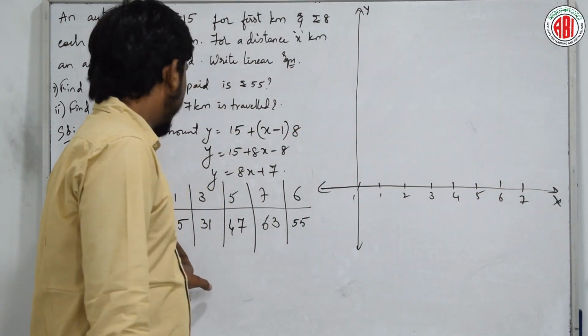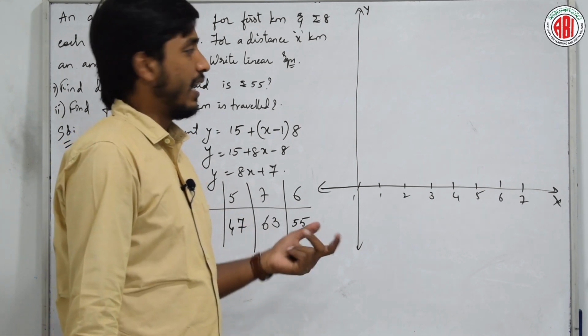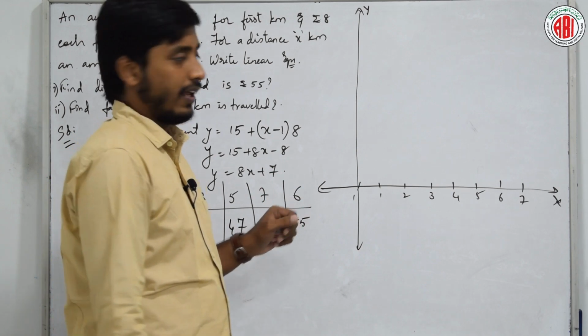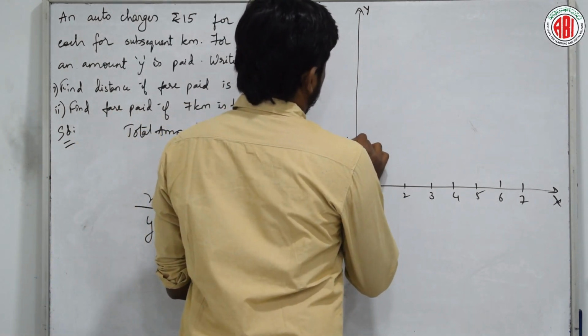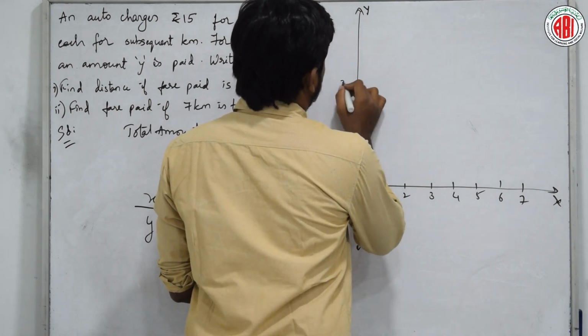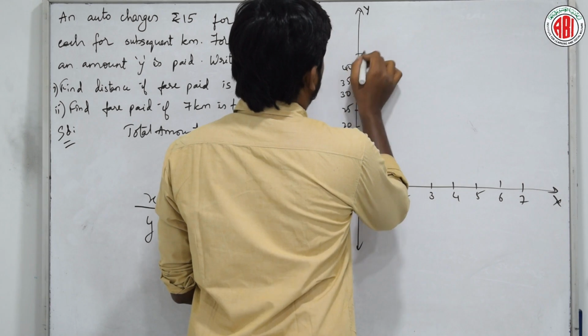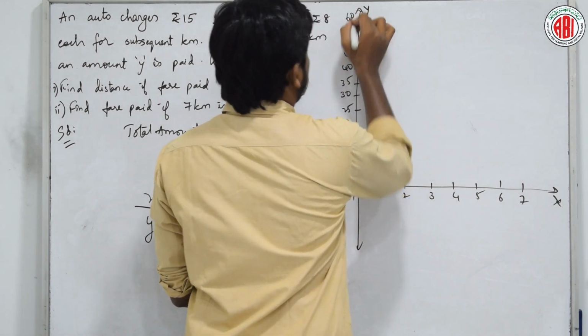Next, for the y axis the minimum is 15 and the maximum is 63. Let us take steps of 5: 5, 10, 15, 20, 25, 30, 35, 40, 45, 50, 55, 60.